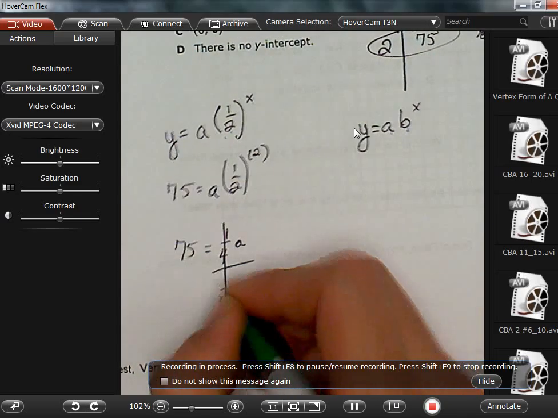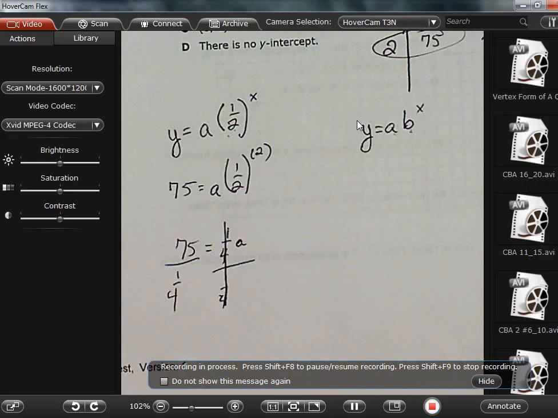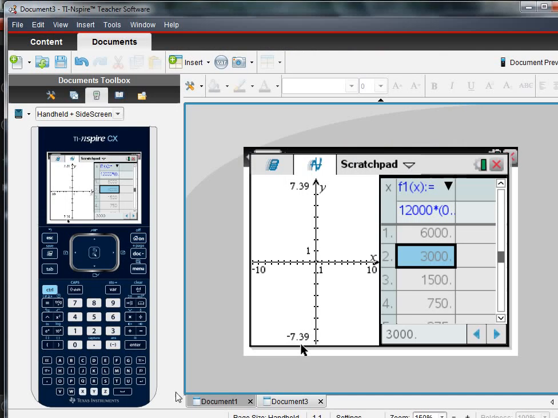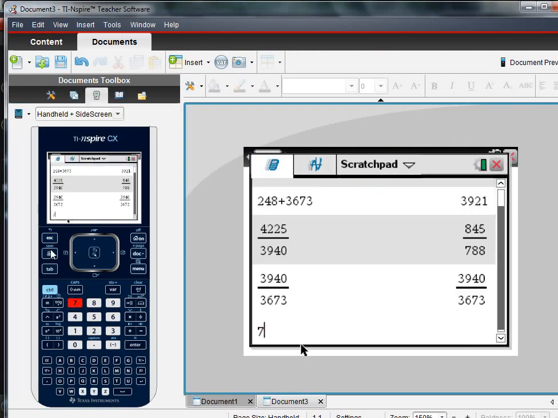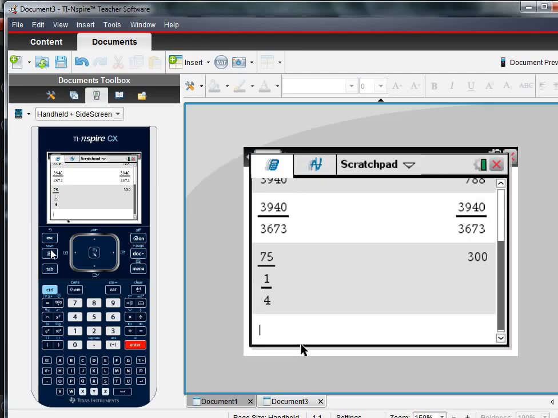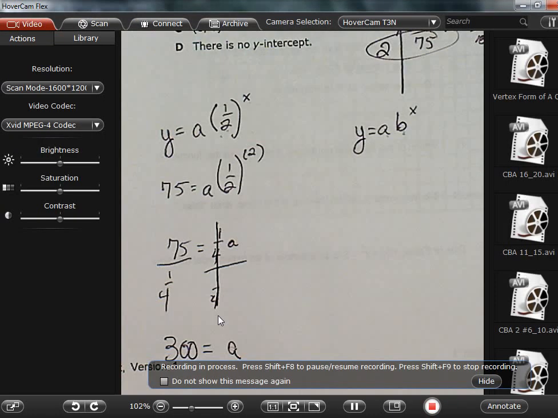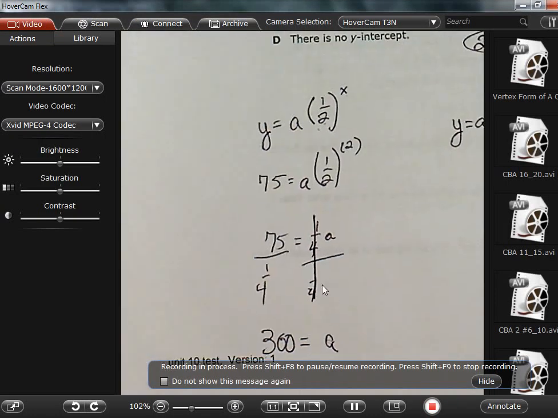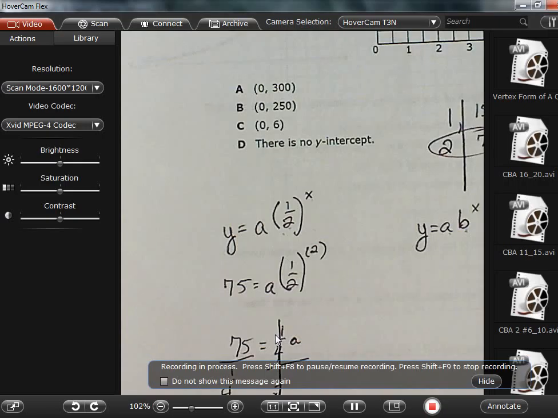So what is 75 divided by 1/4? 75 divided by 1 divided by 4. So a is what? So which one of these is it? A.